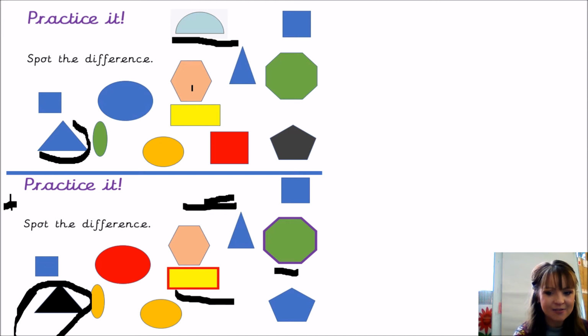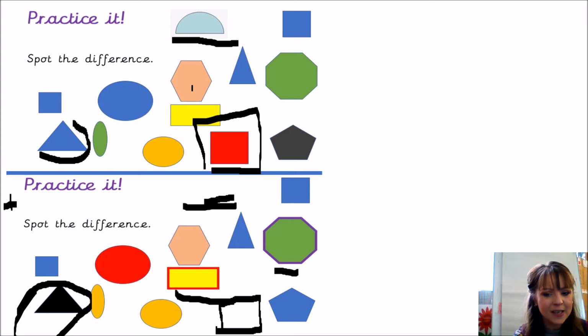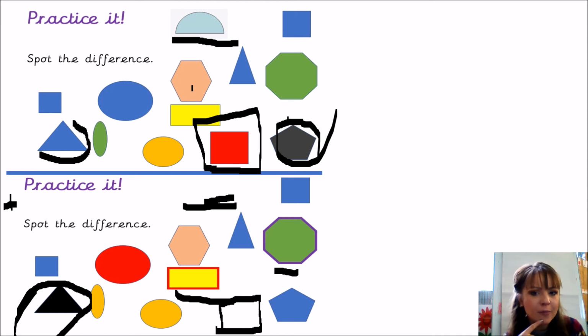There's another difference. Should there be something here? That's right. There's a red square on this picture. What about the pentagon? Oh, sorry. The pentagon. Is it the same on both pictures?